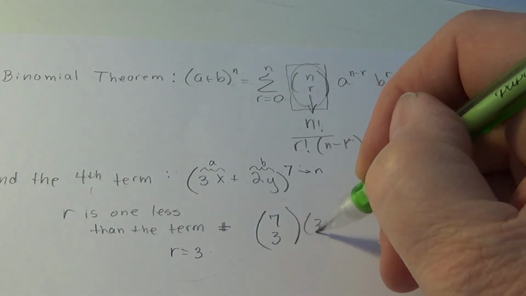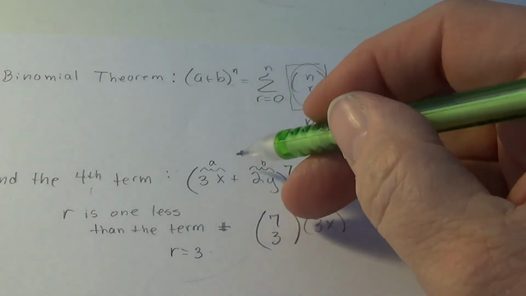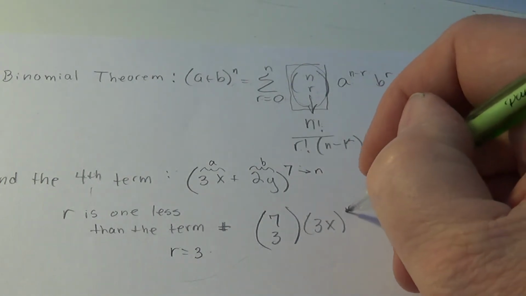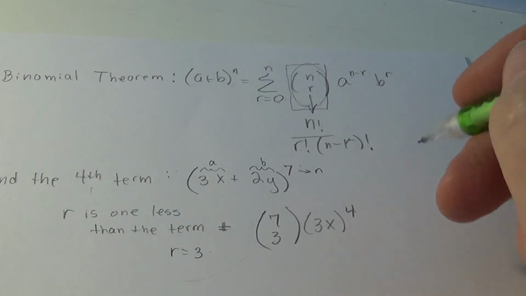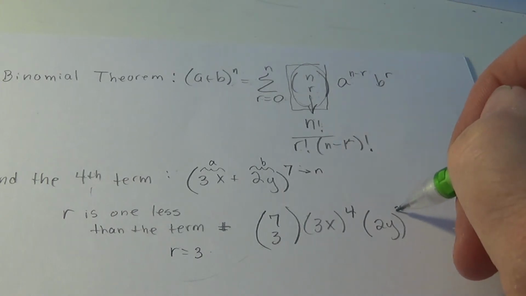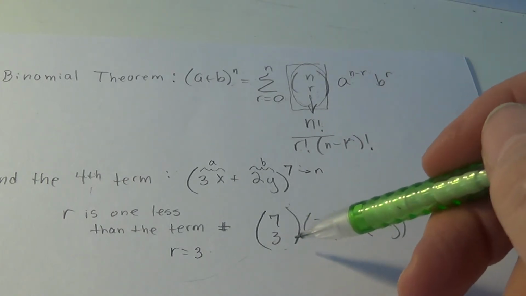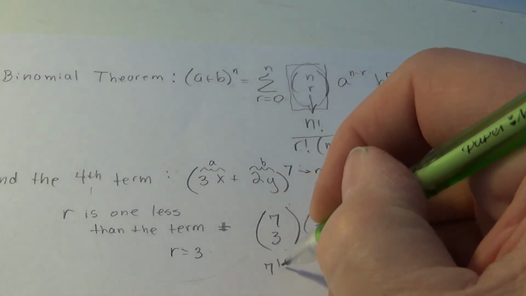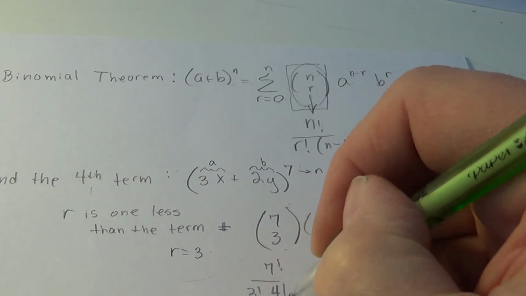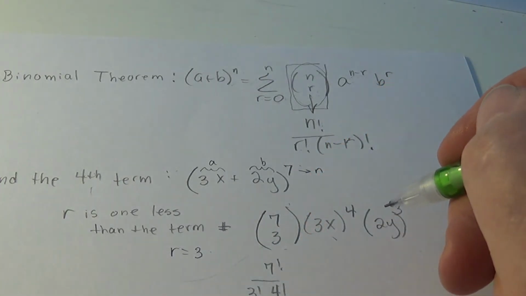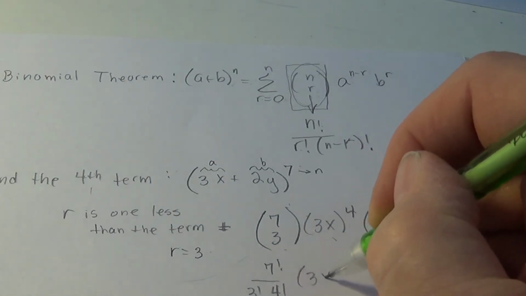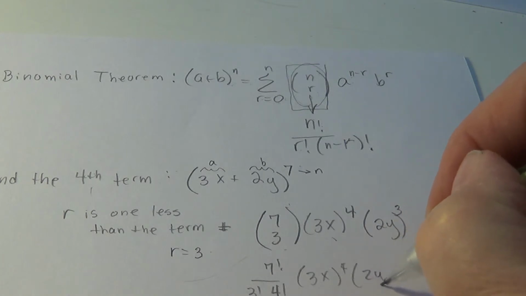Our a is 3x raised to the n minus r. N is 7, r is 3, so we're raising 3x to the 4. And then I'm getting 2y, and that's going to be raised to the r, which we've just noted as 3. The 7 over 3 is 7 factorial over 3 factorial times 7 minus 3 factorial. So here we have that expression. Let's see what it is, and we'll simplify the whole thing on the next step.